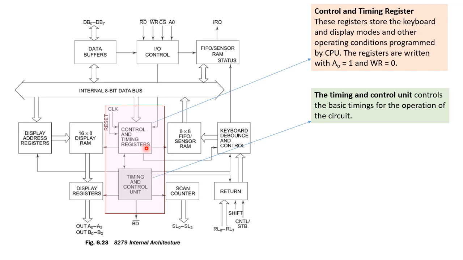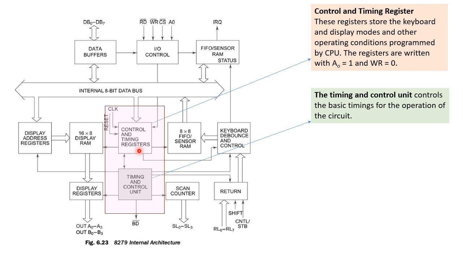If you have to make the 8279 work in a particular mode, you have to change the control and timing registers. To write to the registers, we have to make A0 equal to 1 and WR equal to 0. By changing these two pins like that, you can write to the control and timing registers.